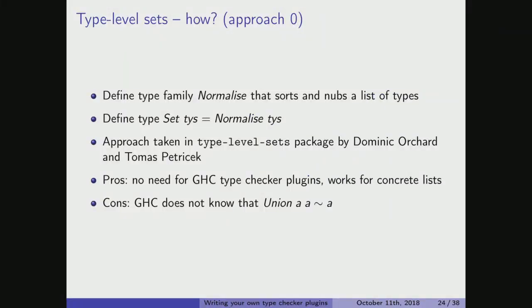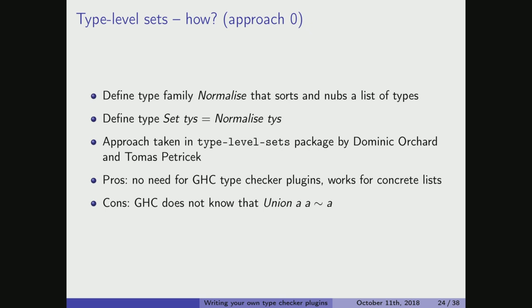So here's one approach to defining these type level sets. You just define this type level sort function on your types. You can do this with some type family magic, and then you just say, okay, a set of types is just the normalized version of that list of types.